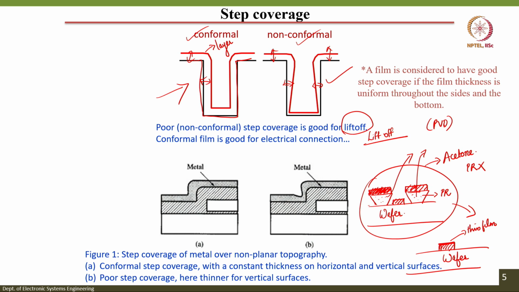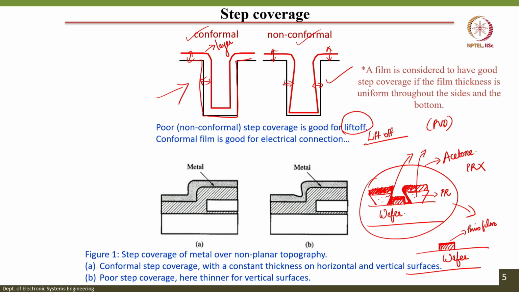technique, you would always prefer to have a non-conformal deposition, because if the deposition of the thin film was conformal, then the layer will be covering the entire side walls as well. So, the thin film deposited would cover the side walls as well as the horizontal dimension.